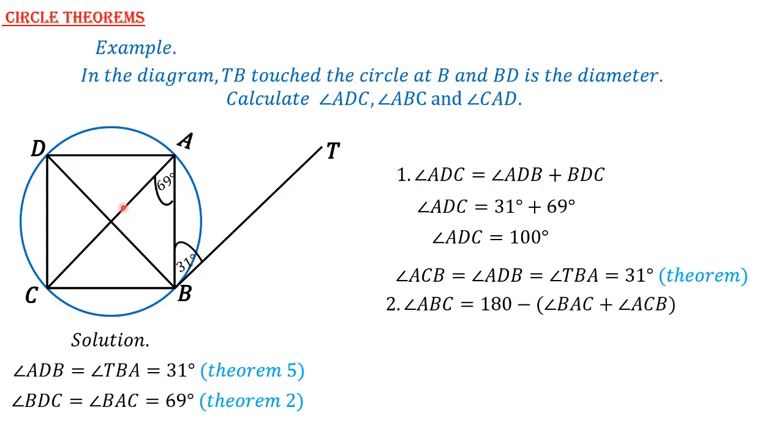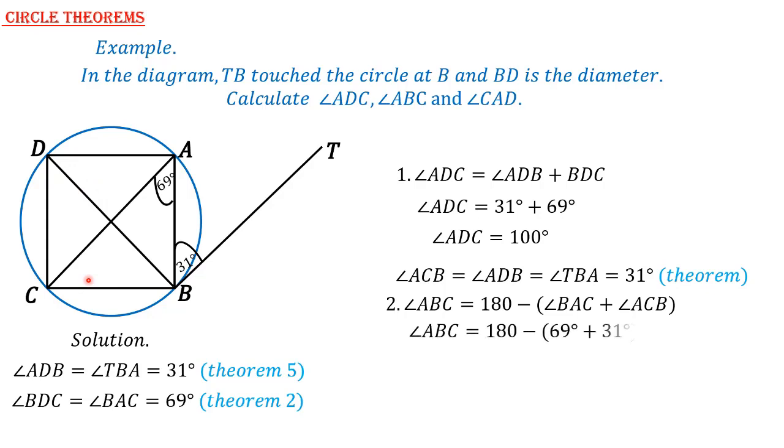So therefore, we are finding ABC. Meaning we want the angle here. Now we know this angle, and therefore we want to find this angle here. We are saying that this angle is ACB, and this ACB is the same as the angle here, ADB. So this angle here is the same as the angle here, right?